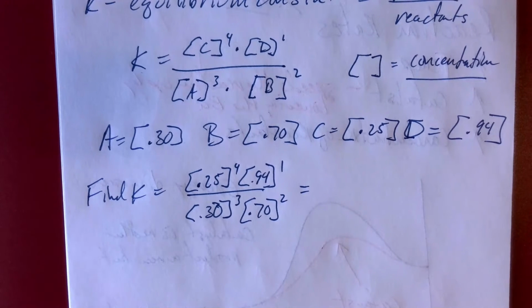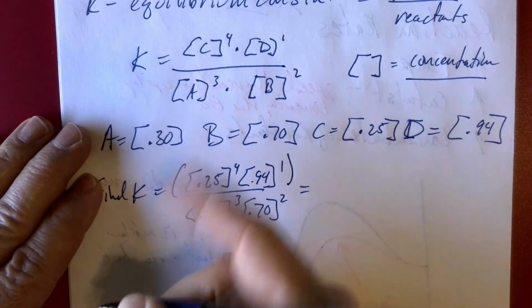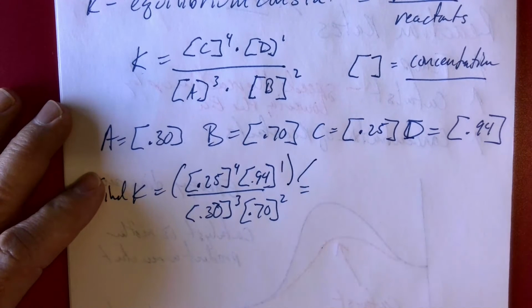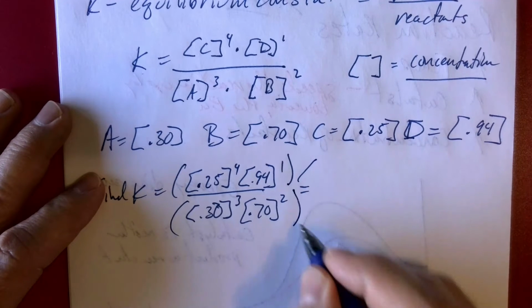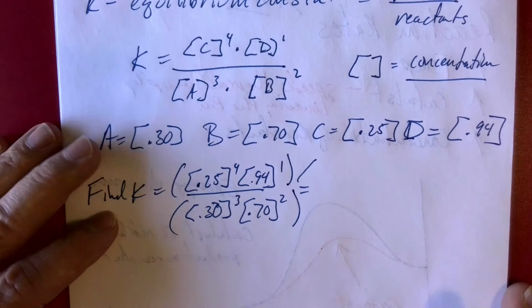Okay? So what I would do is I would take parentheses, type that in, hit the divide key, put parentheses, type that in, and hit enter, and it usually spits out the right value.